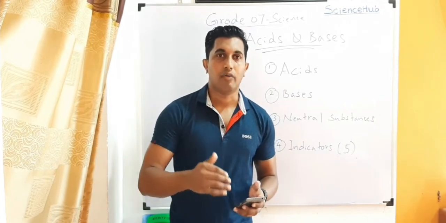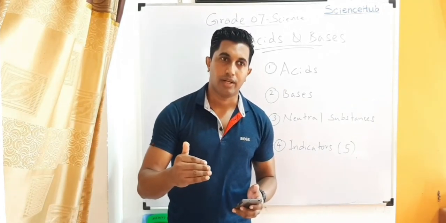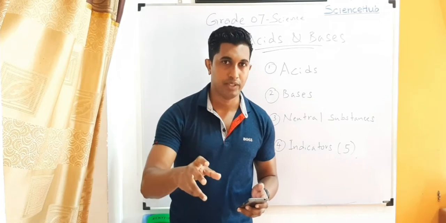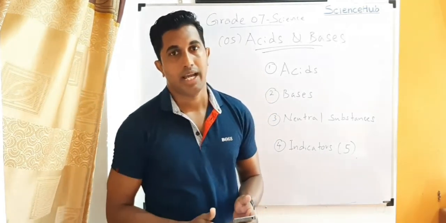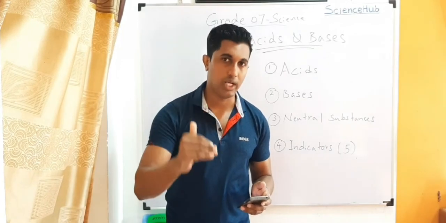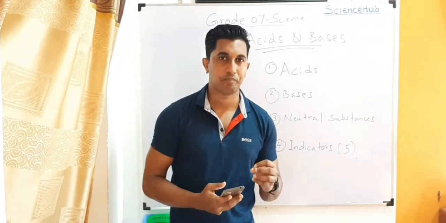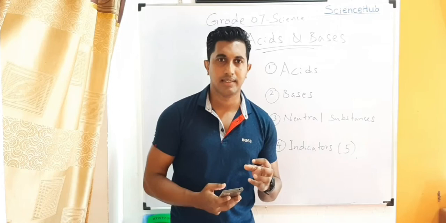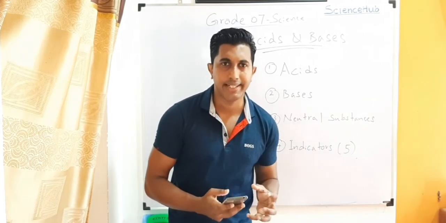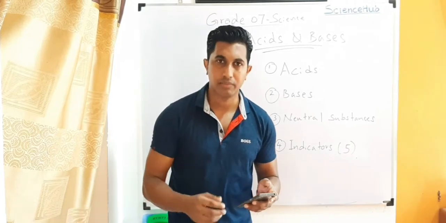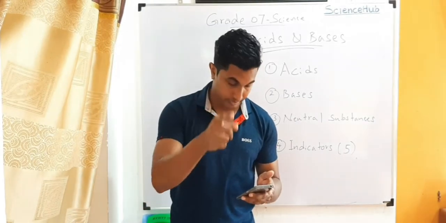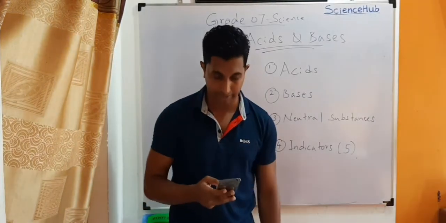Here we are not going deep into this topic. It belongs to the advanced level. According to your level, acids are things that taste sour. Let's see your first paragraph.